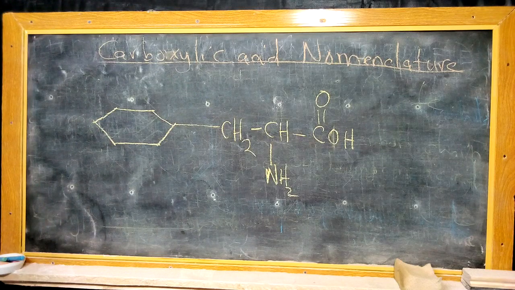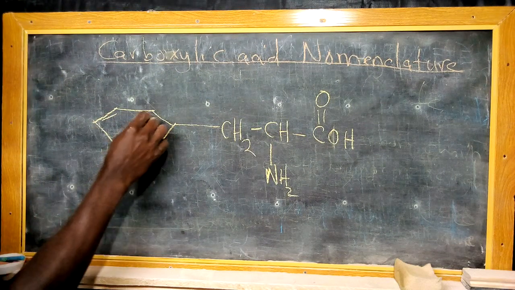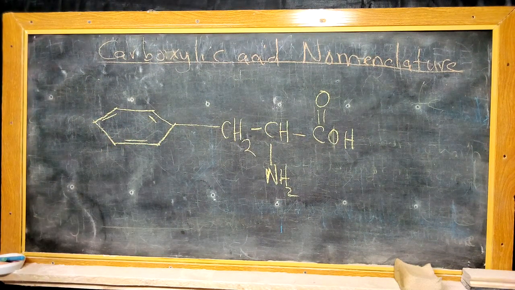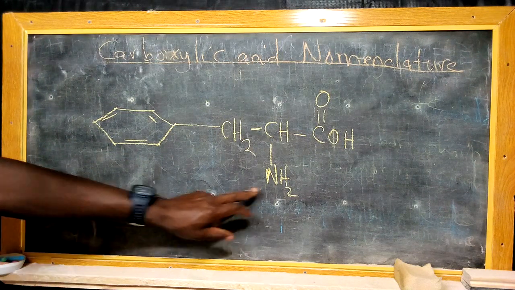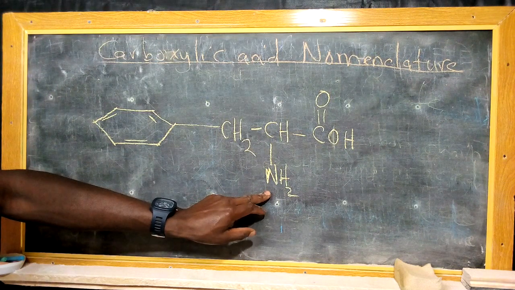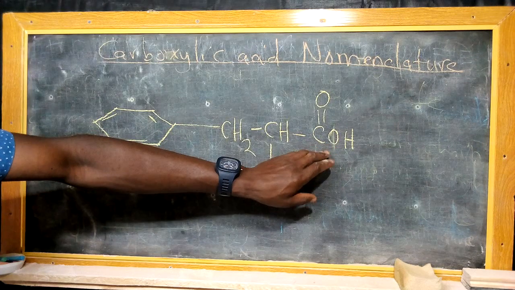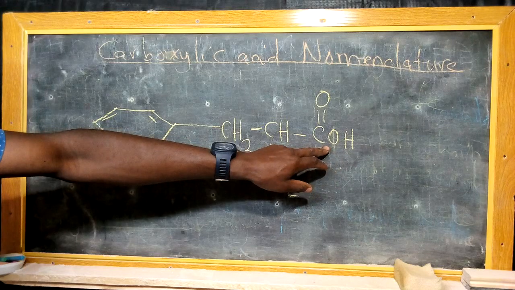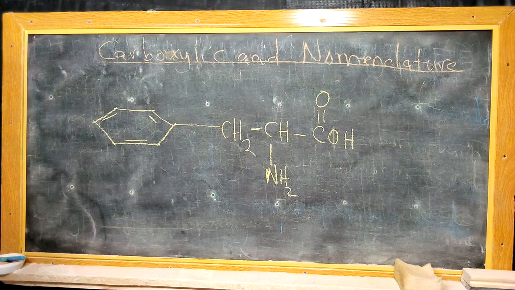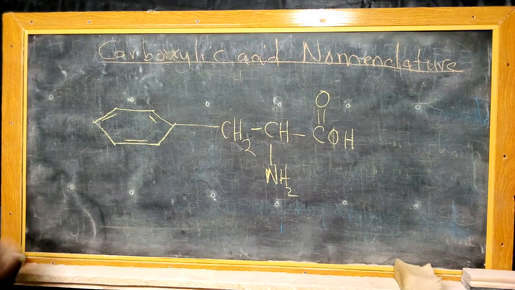So if we look at this compound, you'll find that there's a benzene substituent attached at this point. There's an amino group attached at this point, and then there's a carbonyl carbon which forms the functional group for carboxylic acid at this particular point. So in that case, we're going to see how the rules still apply.